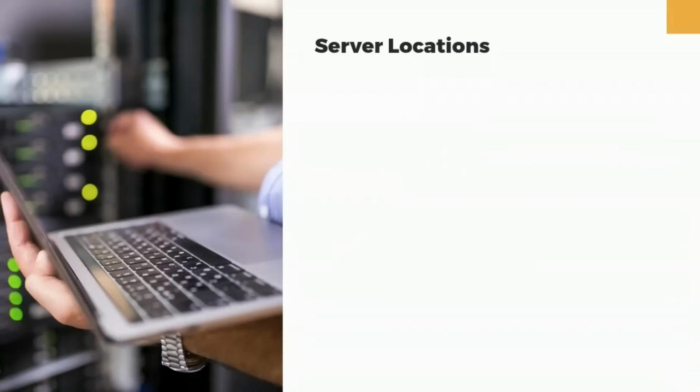But in short, there are three general locations. In-house servers means that they reside in the same physical network as the client systems who use them. These are also commonly referred to as on-premises servers.